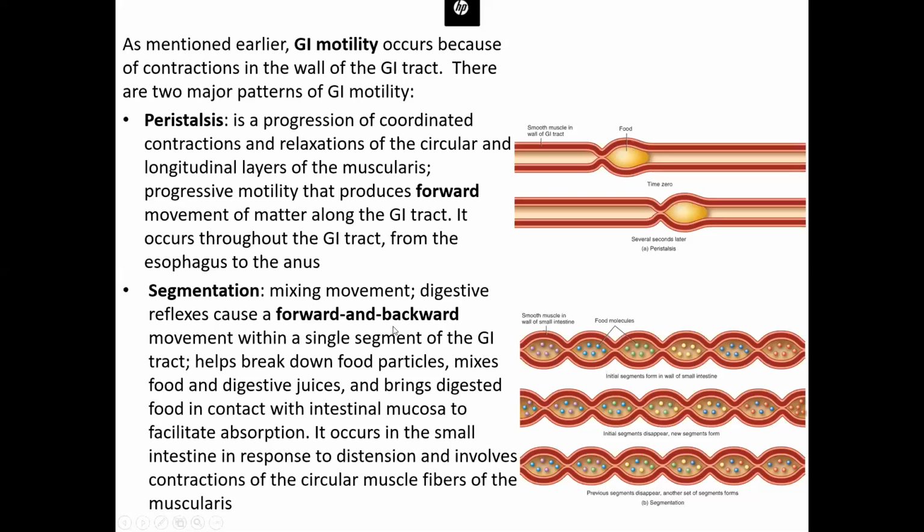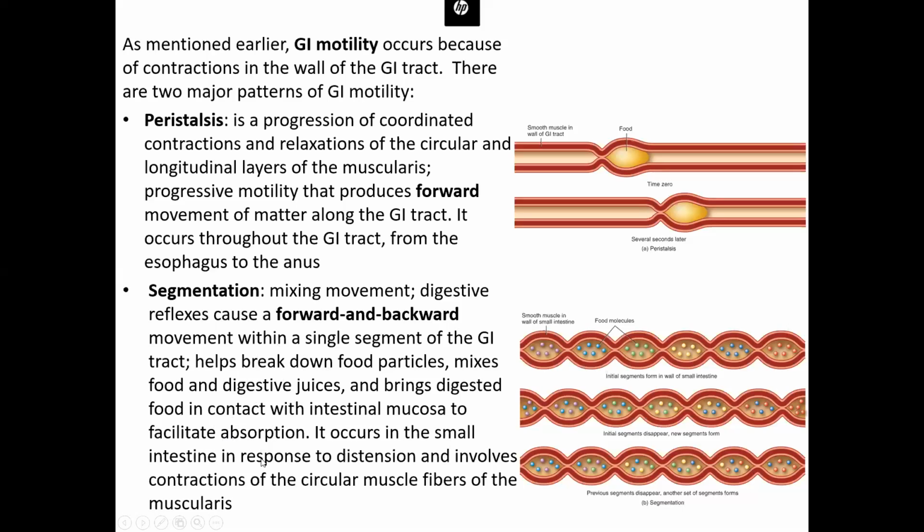But it creates a contraction that pushes the food in opposite directions, forward and backwards, chopping it into small pieces. So it helps break down the food particles, mix them up with the digestive juices, and bring the digested food into contact with the intestinal mucosa to facilitate absorption.